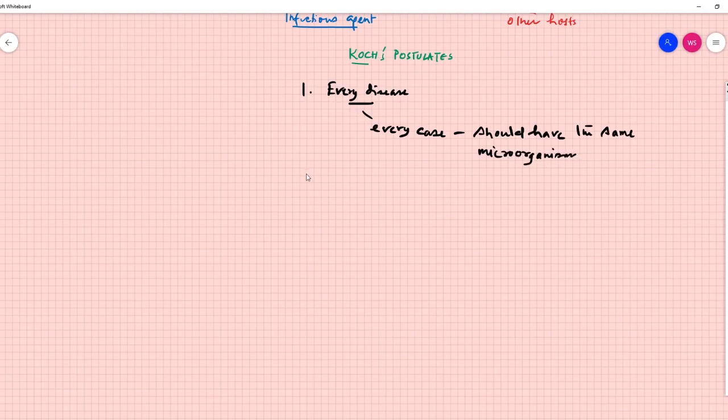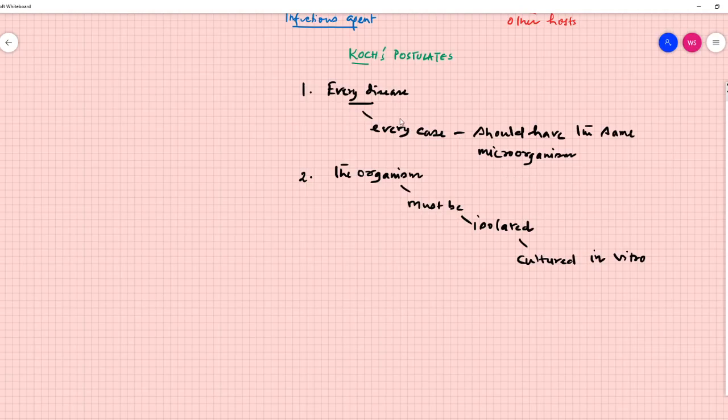The second postulate is that the organism must be isolated and cultured in vitro.